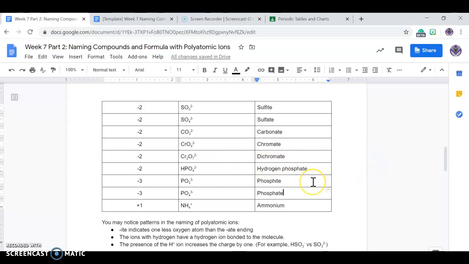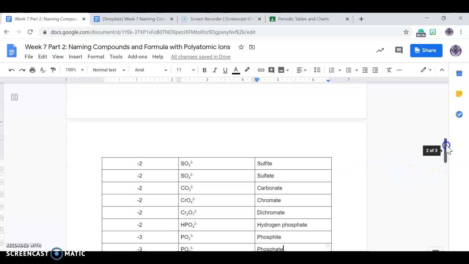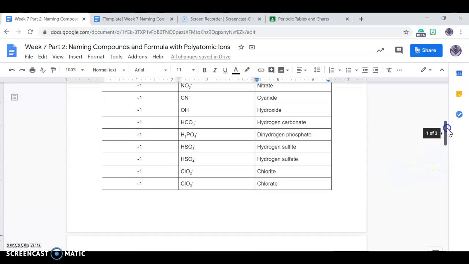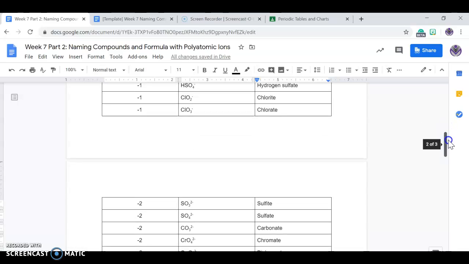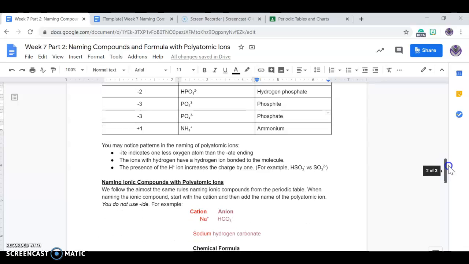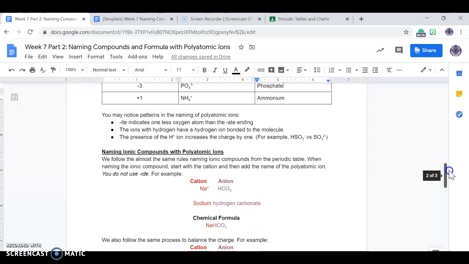If you look at the phosphate, you'll also notice that the hydrogen ion changes the charge. So the presence of that hydrogen atom increases the charge from -3 to -2. Again, these patterns aren't necessary, but they help if you ever find yourself studying chemistry later on, so you can follow along a little easier.